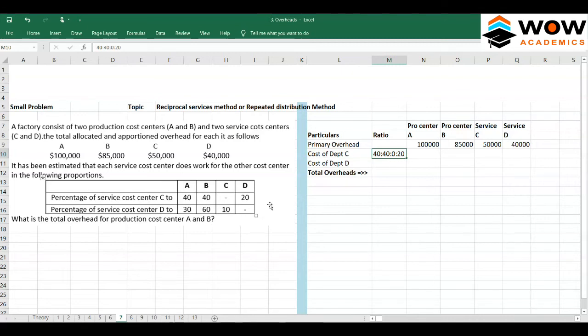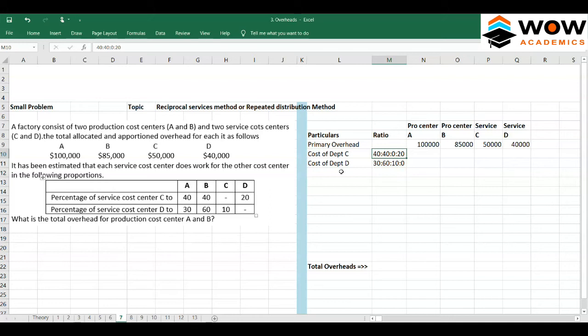First we can take department C, then we can take department D, and we can work it out like that. So department C is this ratio, department D ratio also we'll type and keep, 30 is to 60 is to 10 is to 0.